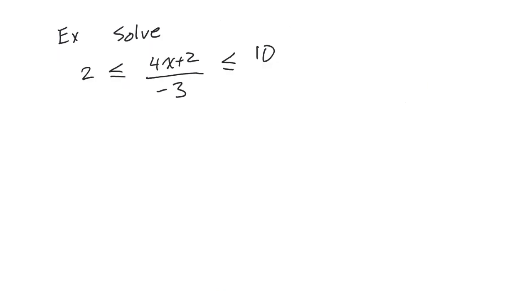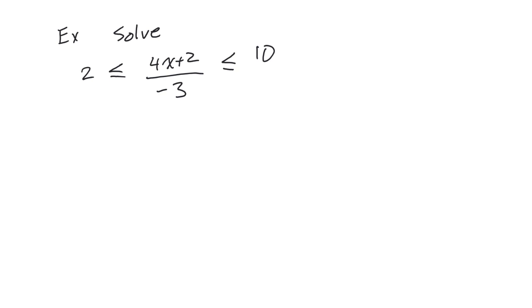So this problem is exactly how we used to do it when we were solving for x. Except what we're going to do is get rid of our fraction first. So if I look at this problem, it says 2 is less than or equal to this thing in the middle, 4x plus 2, which is less than or equal to 10.